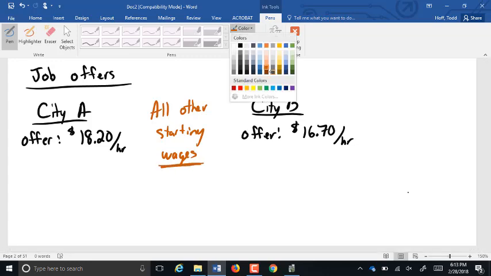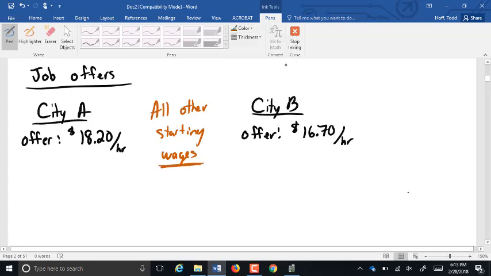So let's say that in City A, the mean starting wage is $15.40 an hour, with a standard deviation of $1.50 an hour.